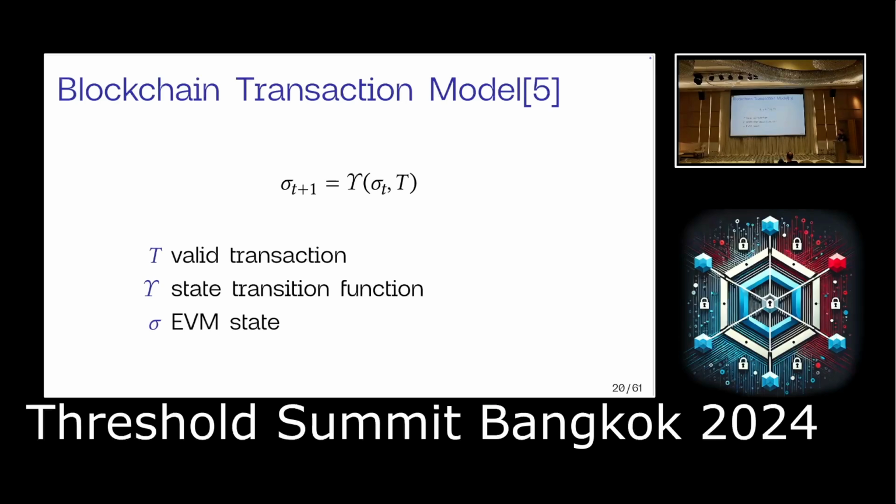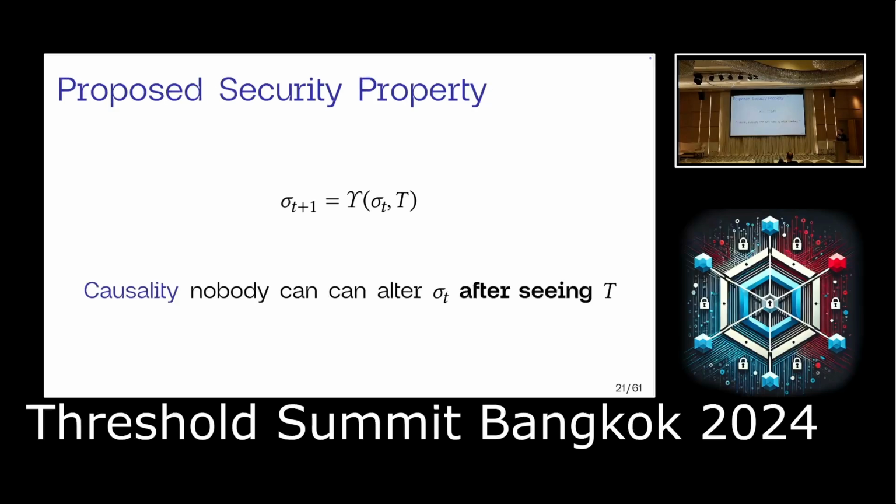And when you do a transaction, you are allowed to make people execute the Ethereum state transition function, which essentially is the EVM, on the current state and your transaction, and the output will be the next state of the blockchain. The interesting thing is that they don't provide, for example, a security property such as causality. The idea that nobody should be able to change the prior state of the blockchain using the content of your transaction. But if we were to provide this security property, we would essentially be protected against front running.